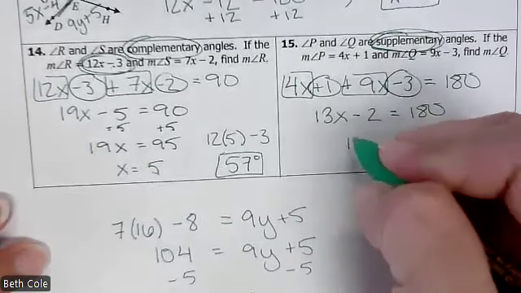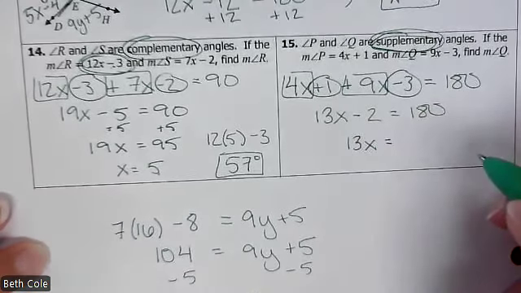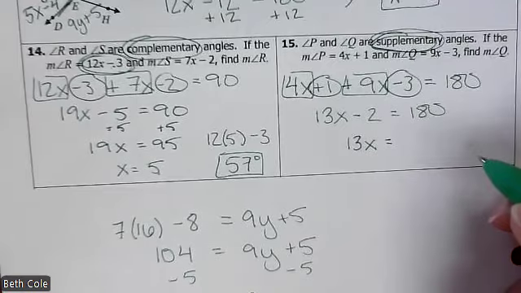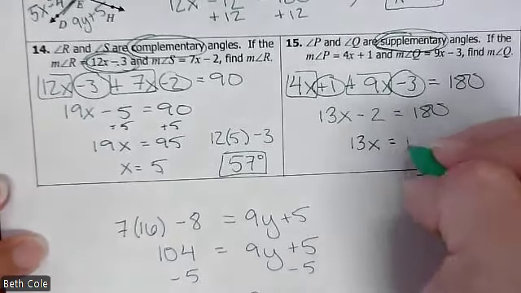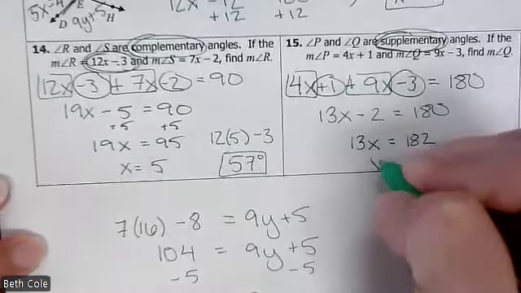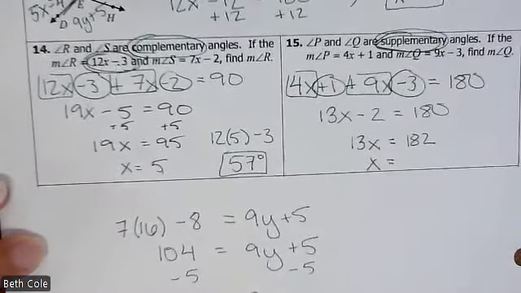And then what would you do next? You would add 2, so 182, and then divide by 13.